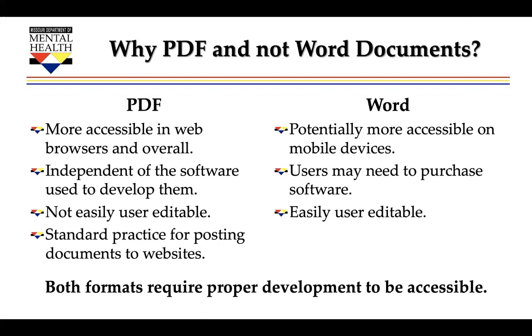When we're looking just at the accessibility of the original document, the accessibility tagging that's available in PDFs is much more robust than what Word can do. And so when accessibility is done correctly, that PDF version of that document is going to have greater accessibility in many cases than if that same document were presented in Word format.